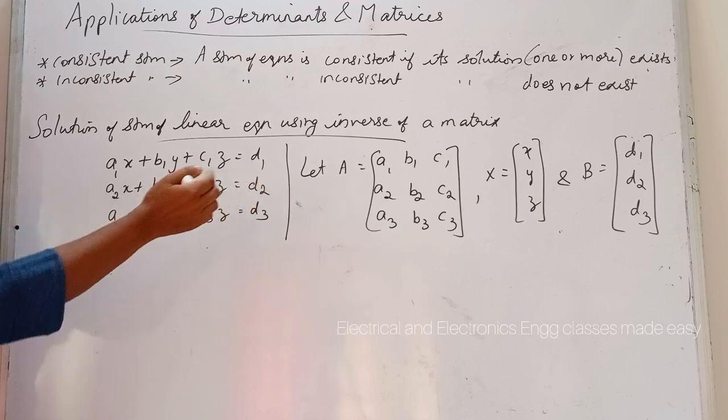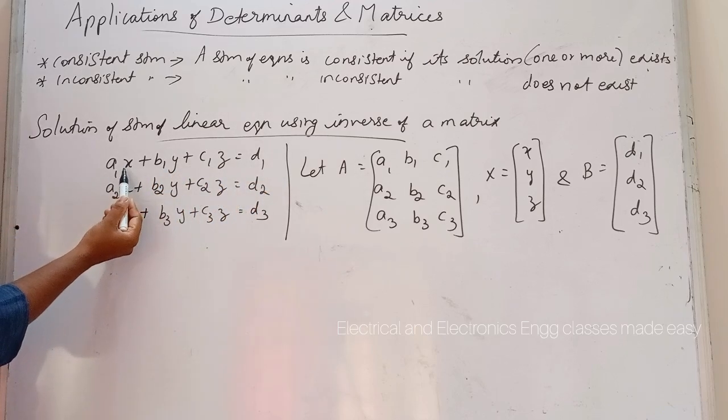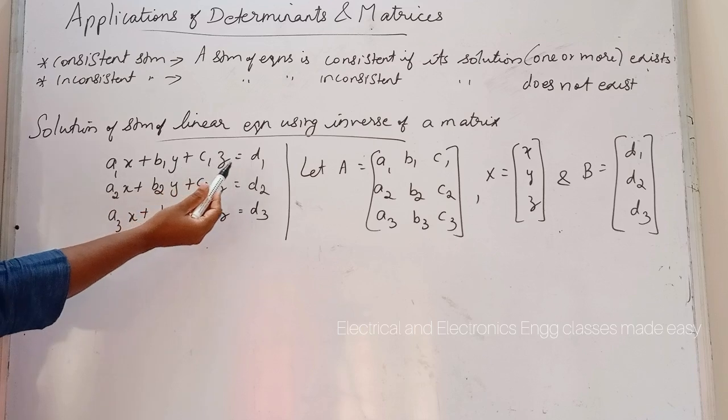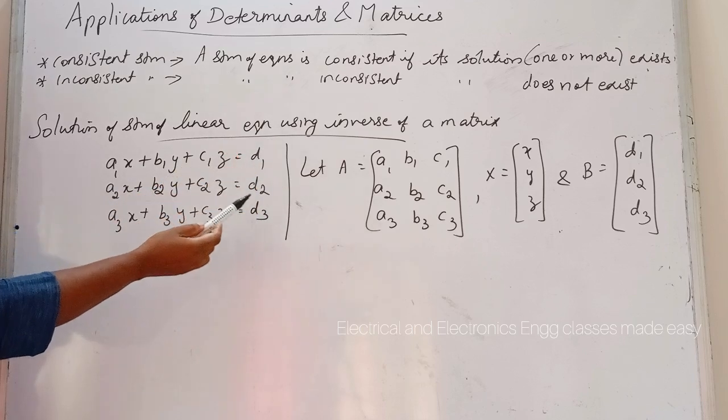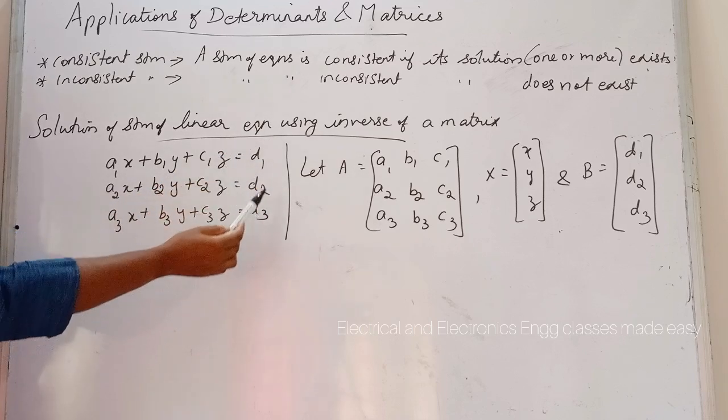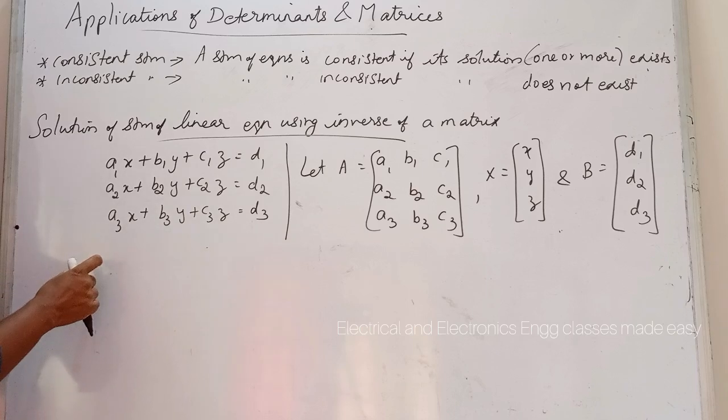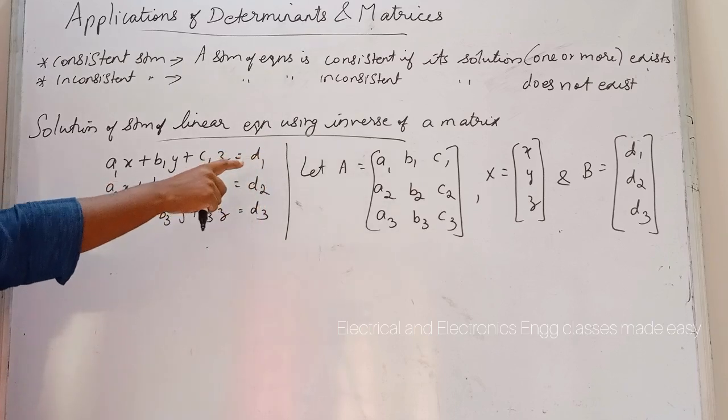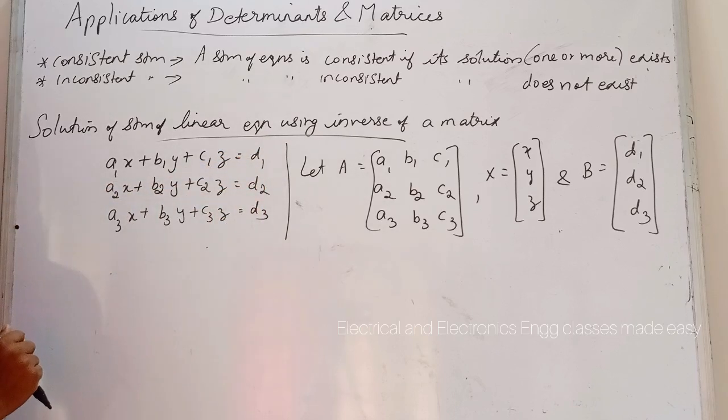Then let capital X be the unknown variables x, y, z, which is a column matrix. And let B be the constants in these equations, that is the column matrix of D1, D2 and D3.